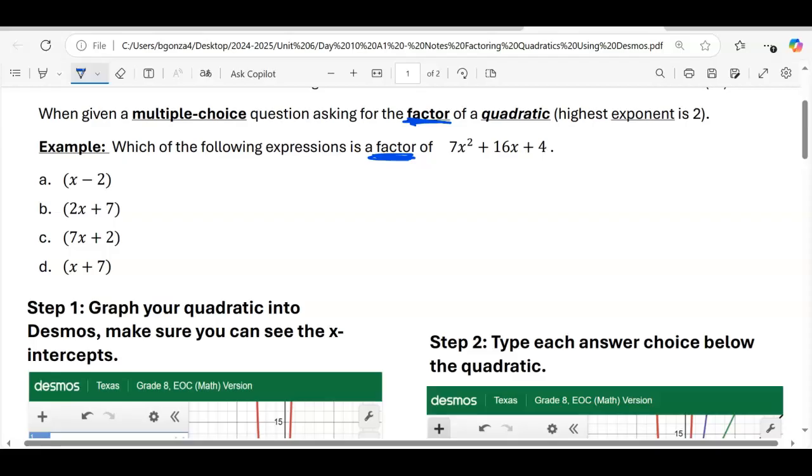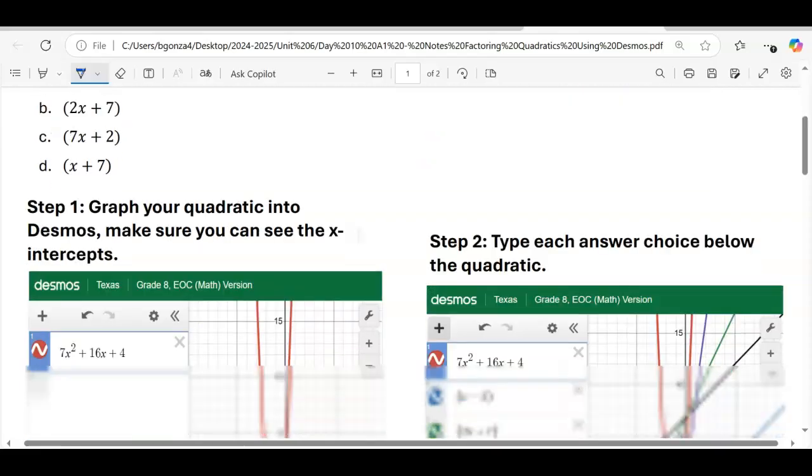This isn't exactly the same, but it's kind of similar to that method. So I want you to notice the difference. Last time they were simplifying or finding equivalent expressions. Today we're finding the factor. The key word is factor. Only when we're finding a factor do you do what we do today.